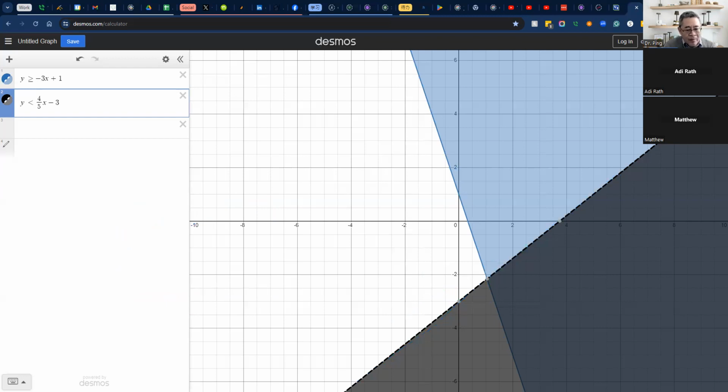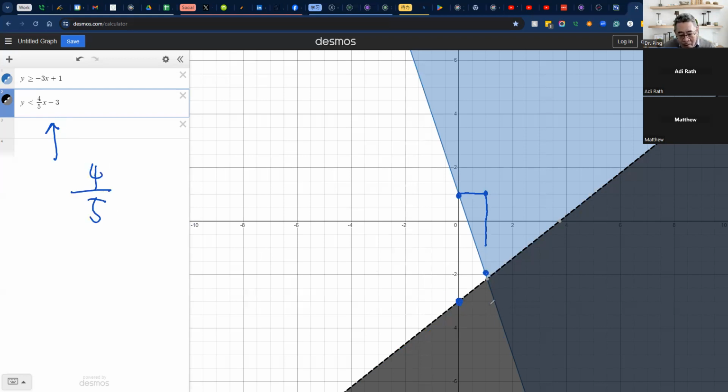Okay. Well, let's see. For the first one, negative 3x plus 1, we start with here, right? Then we go 1, then go down by 3. 1, 2, 3 will be this point, right? Then we graph it. On the second one, we start at -3, and then the slope is 4/5.